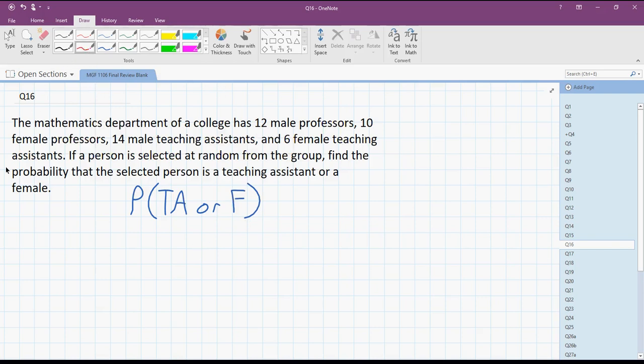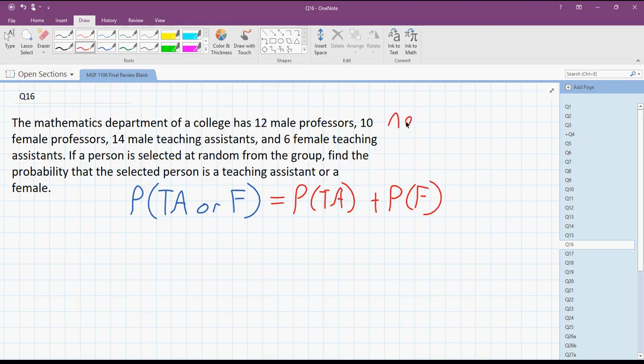So again, you ask yourself the question, are these mutually exclusive? No. Because is it possible to be female and a TA? Absolutely. You can see it right up here. It says 6 female teaching assistants. So in this case, you're going to find the probability of being a TA. We're going to add that with the probability of being female.